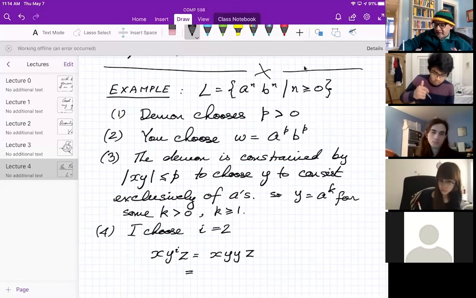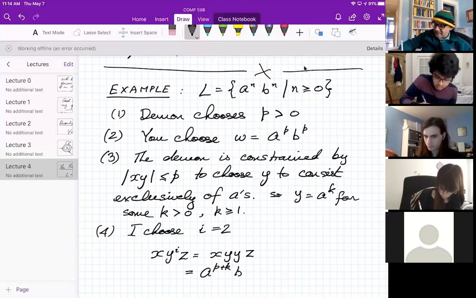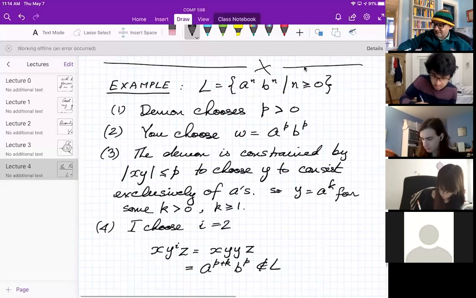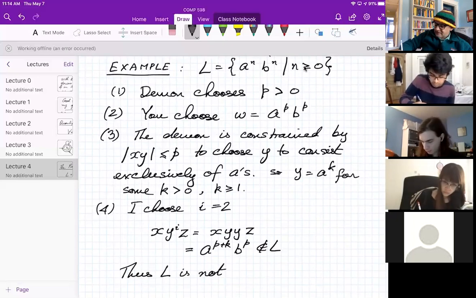We know that the extra y has added k more a's. So this is a to the p plus k, b to the p. And this is not in the language. Thus, L is not regular.